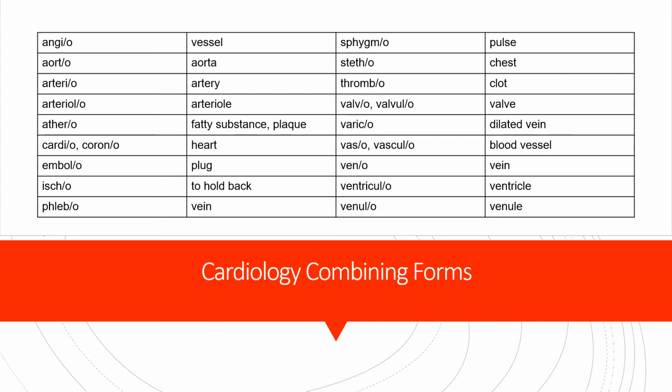Phlebo, vein. Sphygmo, pulse. Stetho, chest. Thrombo would be a clot. Valvo or valvulo, valve. Varico is a dilated vein. Vaso or vasculo refers to a blood vessel. Veno, a vein. Ventriculo refers to ventricle, and venulo refers to venules.